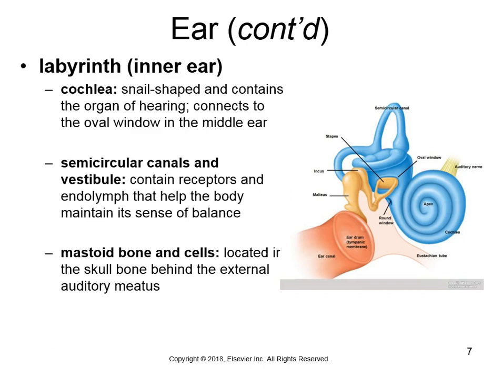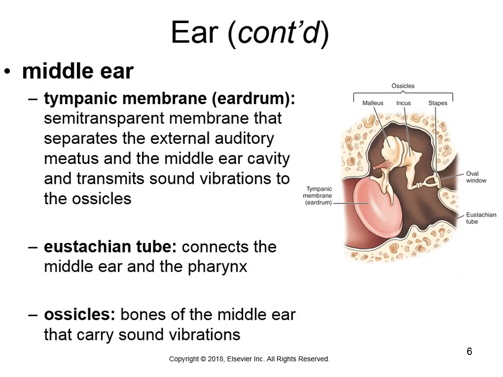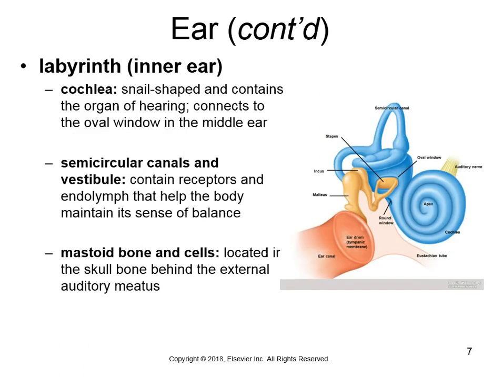Continuing on, really I should go back one. This oval window piece right here at the end of the stapes, the oval window is going to be that dividing factor between the middle ear and the inner ear. It's kind of like a smaller version of the tympanic membrane. It's going to help transmit that mechanical vibration in the air to that in liquid, which is where this part comes in.